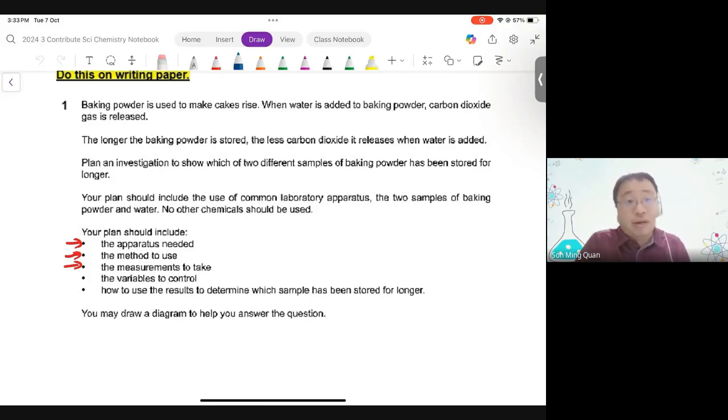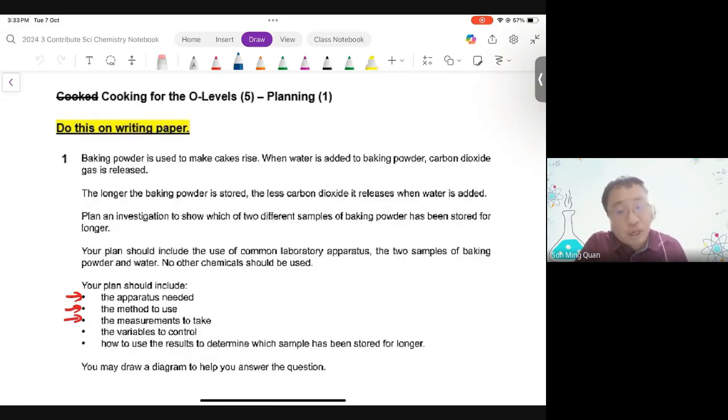Please do not do this on iPad, the planning. Do it on writing paper. I will see you at our usual timing that we fixed. I know we haven't been sticking to the usual time, but I will stick to it tomorrow. I think tomorrow I arranged for 11 a.m. in the 4 contribute classroom.